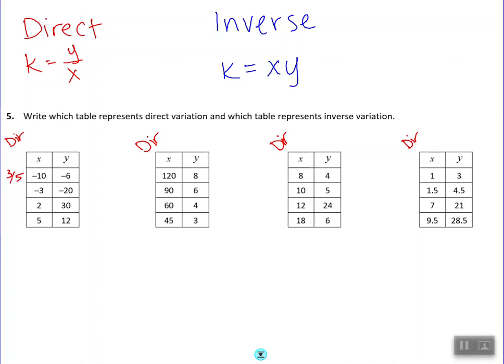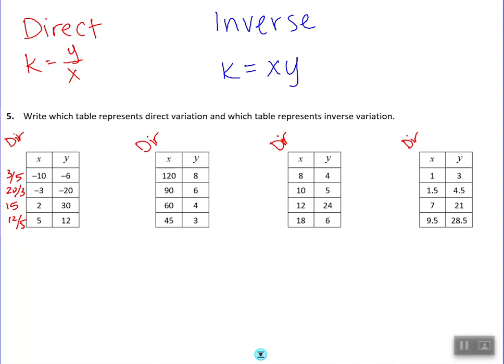It's 3/5. Negative 20 divided by negative 3, 20 divided by 3, 30 divided by 2 is 15, 12 divided by 5 is 12/5. Those are not the same number, which means the first table is not direct.